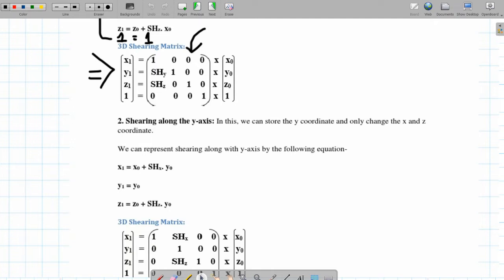So once you apply shearing transformation along y-axis, your equations become something like this: x1 equals x0 plus shx multiplied with y0. y1 equals y0, no change in y coordinate value. z1 equals z0 plus shz multiplied with y0.